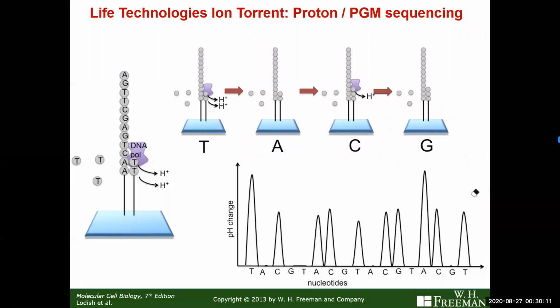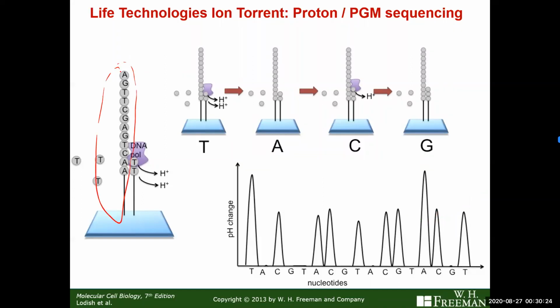in ion torrent technology, you do the same thing. You have an adapter, and you have the actual DNA fragment covalently linked to this because of the adapter, and then you have the other primer, and then you start the sequencing, the elongation.